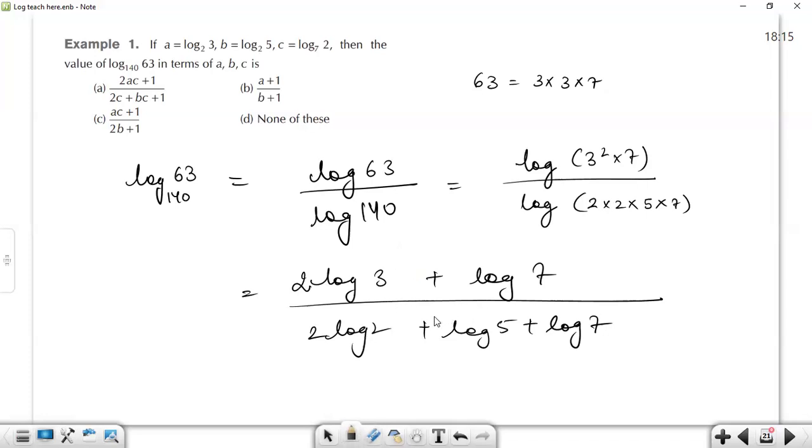Great. So now we have everything in terms of log 3, log 7, log 2, log 5, log 7. But the problem here is that A is log of 3 to the base 2, and in our solution we have logarithm of 3 to the base e. So now let's try converting A, B, C into our convenient form so that we can use them in the answer expression.